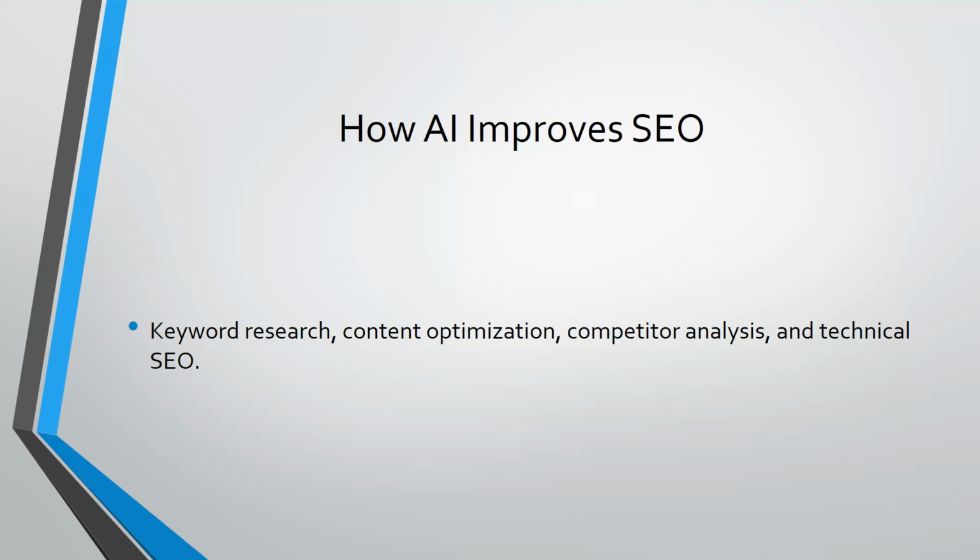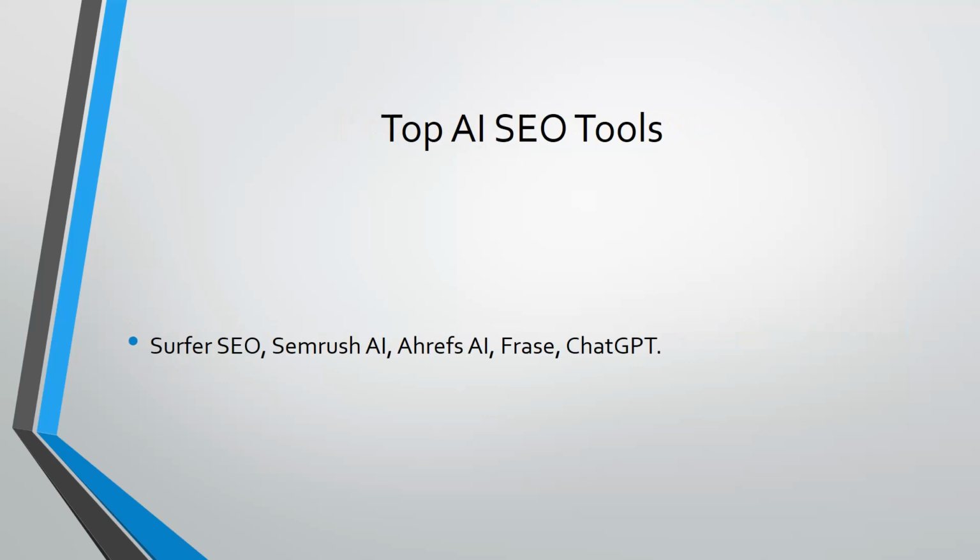Competitor analysis: it analyzes what your competitor is doing, and then runs against that, and then tops your website or your social media page above the others. And then we have technical SEO, which can also help you. Top AI search engine optimization tools: we can use Surfer SEO, SEMrush AI, Ahrefs AI, Frase AI, and ChatGPT.